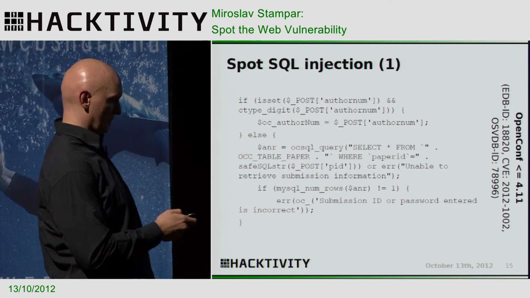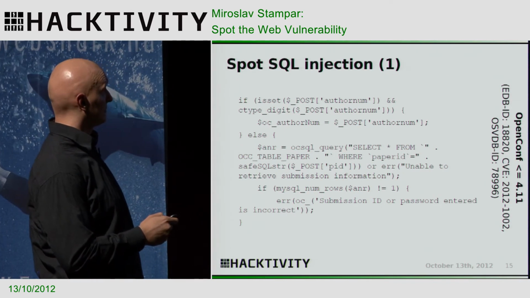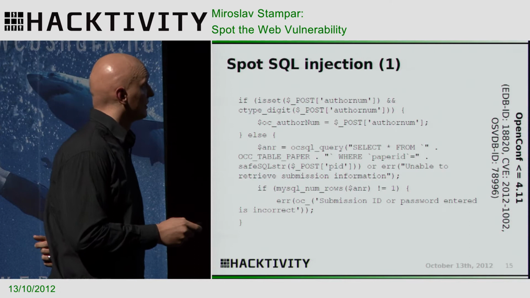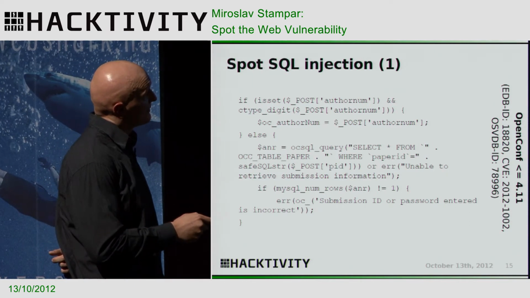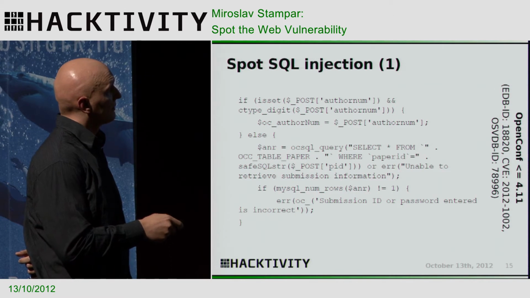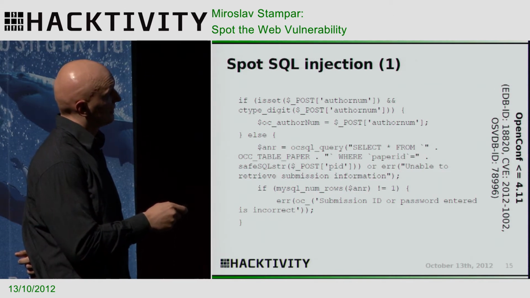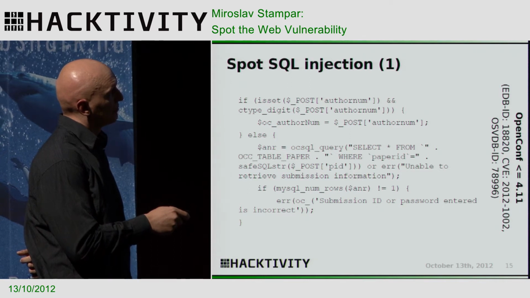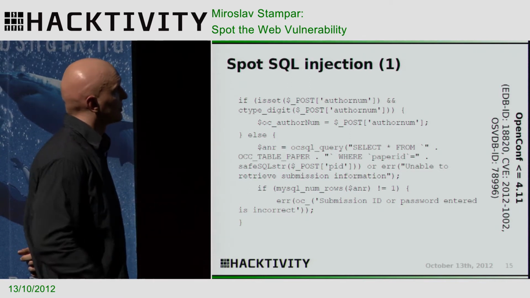So in this first example, in each of those examples you will see the name of the affected application and its reference in ExploitDB, if it's available, in CVE or open source VDB.